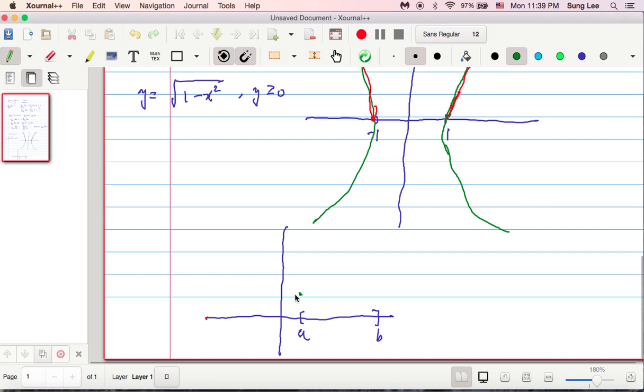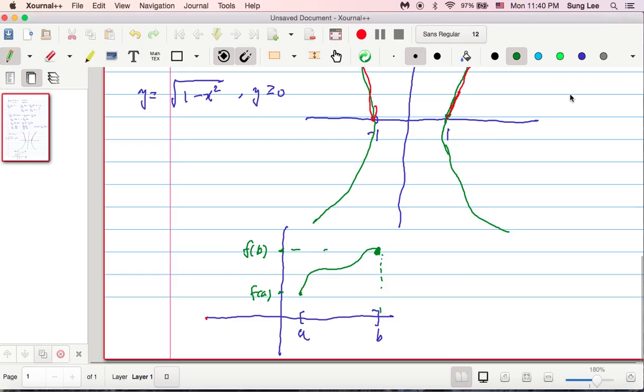Let's say here's f of a, and f of b is here. The function f of x is a continuous function, so without a hole or a breakage. The graph has to be nicely connected. We don't know how it is connected, but it is nicely connected. No holes, no breakages.